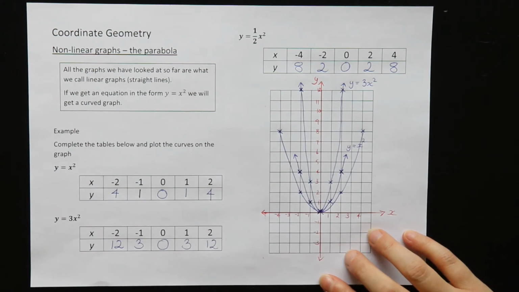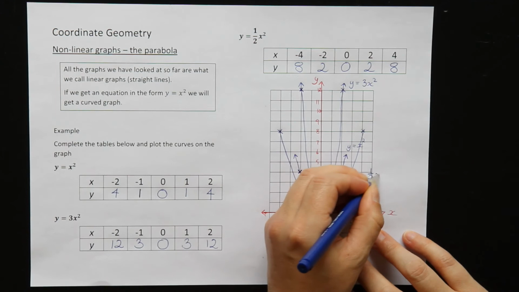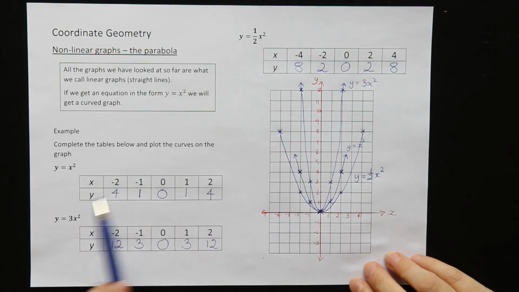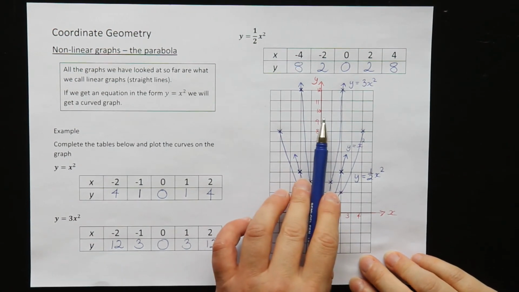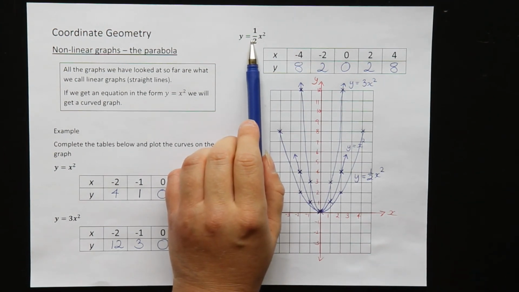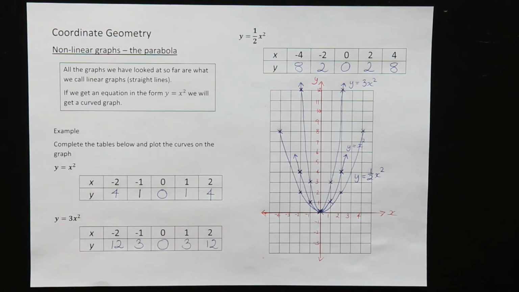And that is y equals half x squared. So the bigger the number in front of the x squared, the steeper the graph is going to be. If the number is a fraction, meaning less than 1, the graph will be wider than the y is equal to x squared graph.